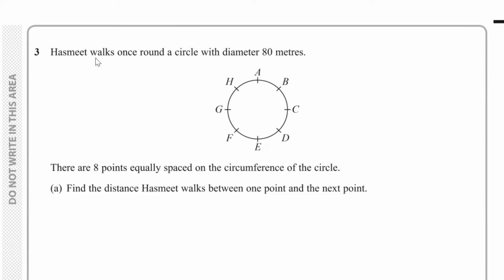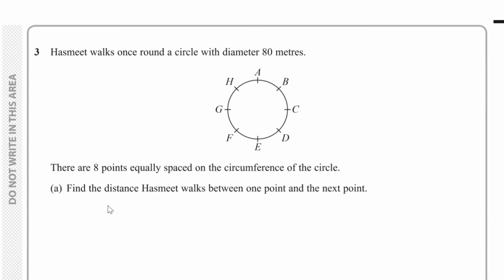Question number 3. As Meet walks once round a circle with diameter 80 meters, there are 8 points equally spaced on the circumference of the circle. Part A, we have to find the distance Meet walks between one point and the next point.